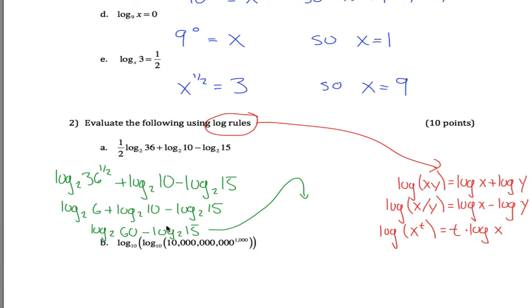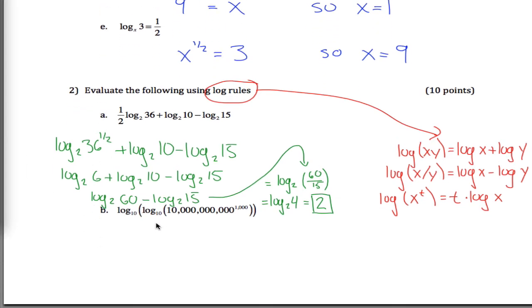I'm taking the difference of logs, so that's the same as taking the log of the quotient. 60 divided by 15, which is just 4. So what I need to figure out is the log base 2 of 4. 2 to what power is equal to 4? That answer is 2. This answer is 2.